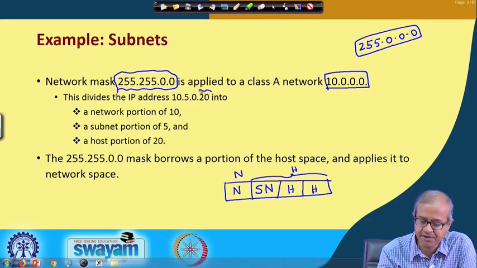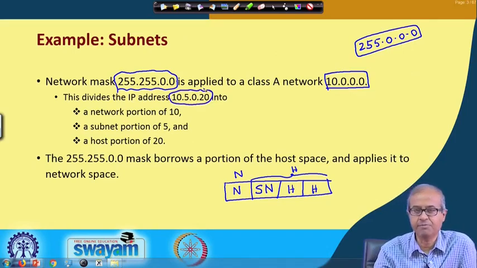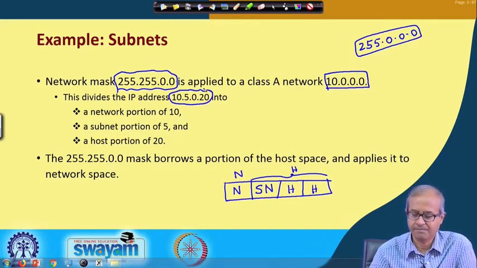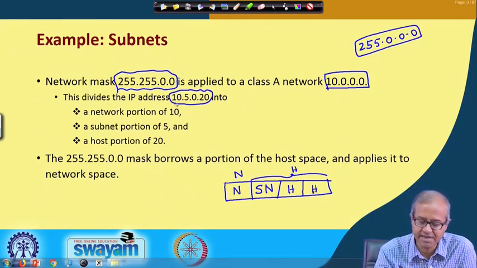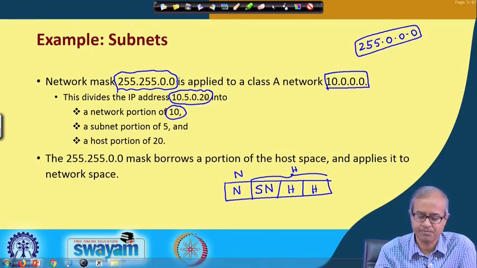So, if I now have an address like this, for example 10.5.0.20, then if you apply the natural mask of class A, 255.0.0.0, you will get the network part 10.0.0.0.